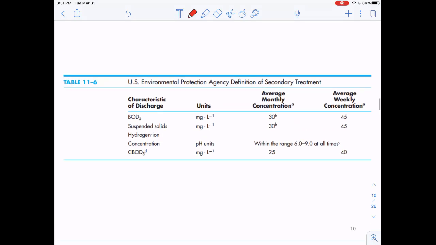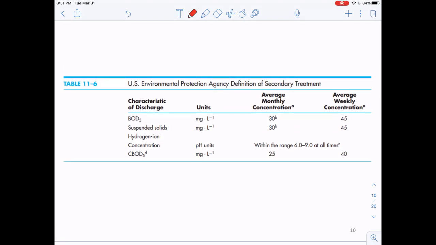Further, these are the limits, or the standards, the EPA puts on the concentrations of these pollutants. For example, for the BOD5, the average monthly concentration needs to be lower than 30, while the weekly concentration needs to be lower than 45. Similarly for the suspended solids, we have similar requirements, right?